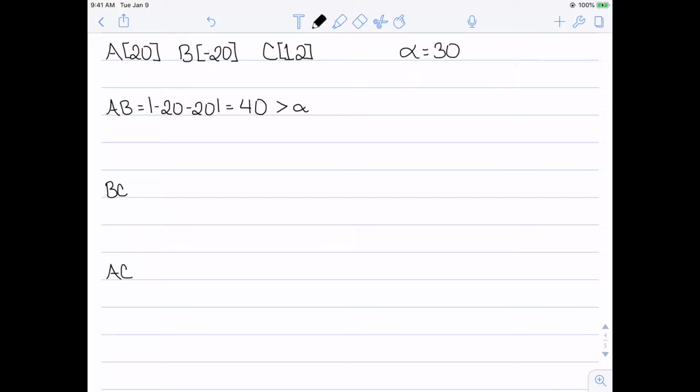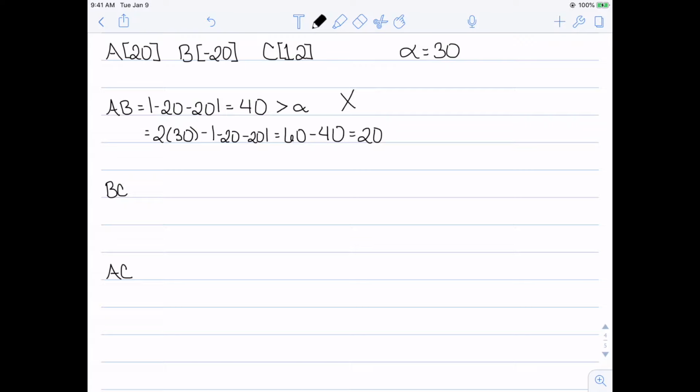That gives us 40, which is greater than alpha, so that's not going to work, and we need to use our other formula. The other formula said 2 times alpha, which is 30, minus the absolute value of B minus A. So that gives us 60 minus 40, so the distance between A and B is equal to 20.